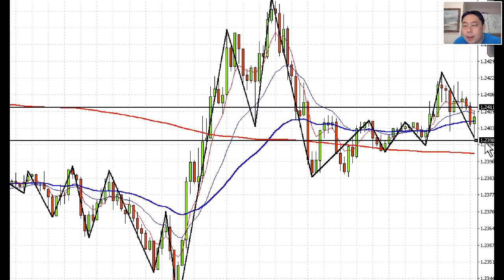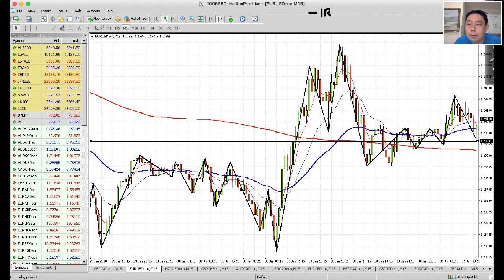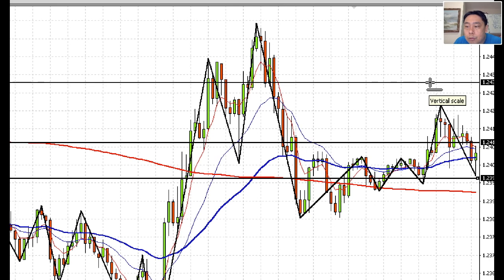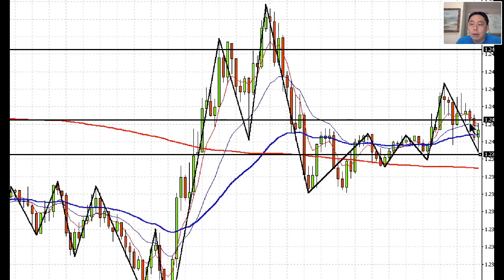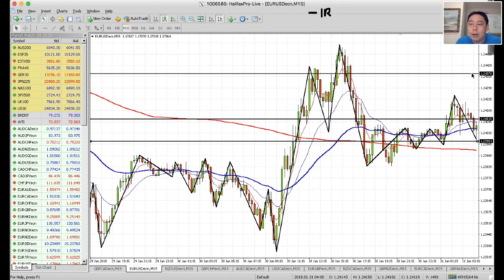So 26 plus 2411 would be 2437. All right. So in other words, I'm going to put a profit target at 2437, somewhere there. All right. So that's my entry, my profit target, my stop loss. Let's see if we can reach the profit target, or will it be another losing trade?